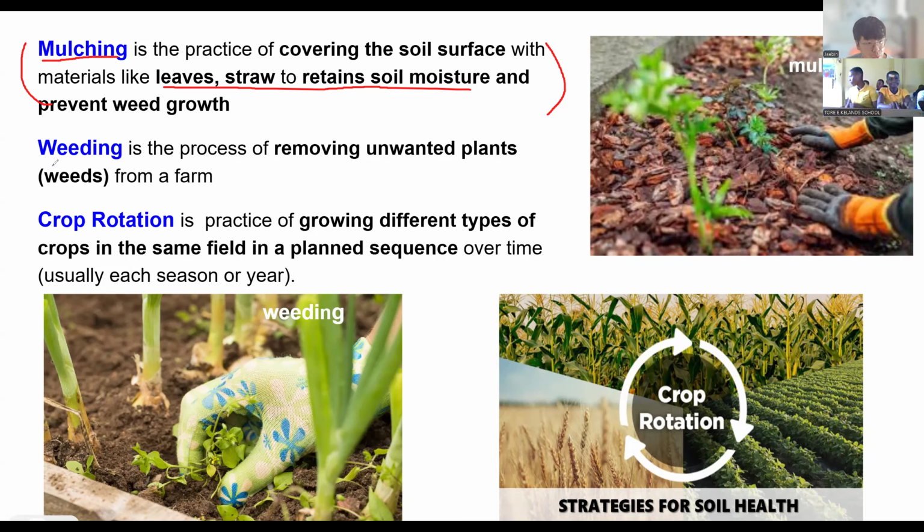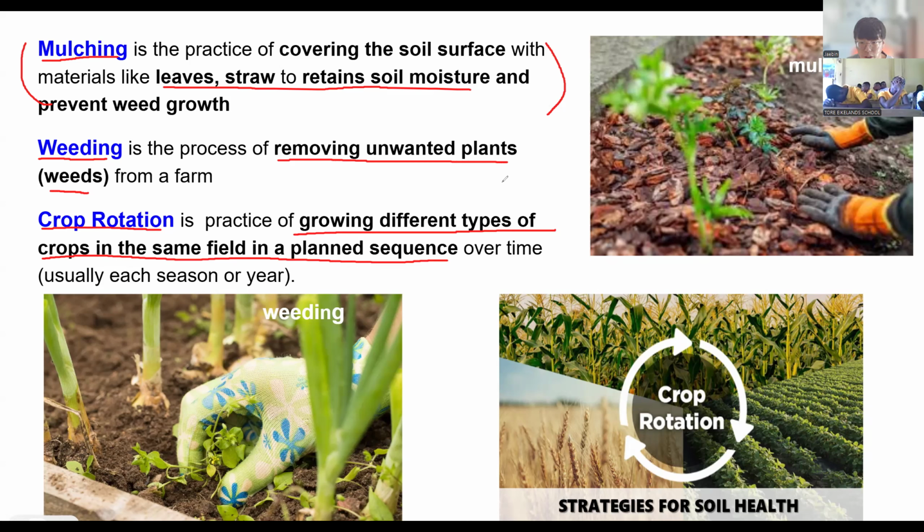Weeding is the process of removing unwanted plants or weeds from a farm, so you're pulling out the weeds. And crop rotation is the practice of growing different types of crops in the same field in a planned sequence over time.